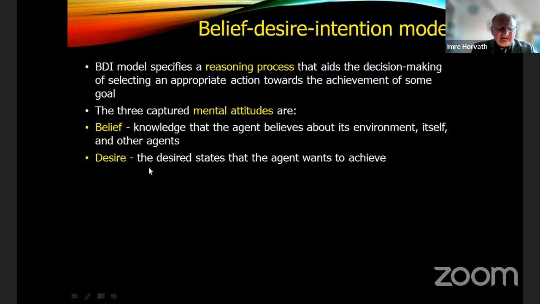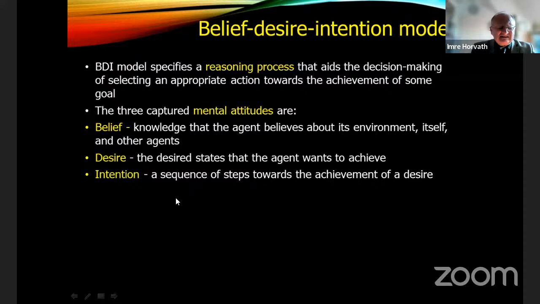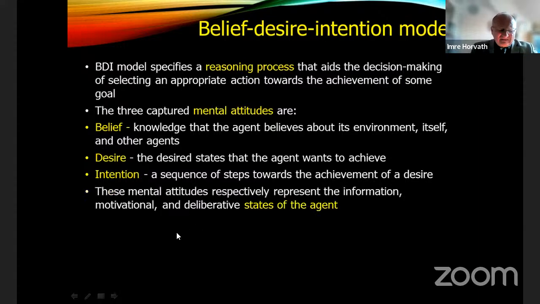Then the desire, the states that the agent wants to achieve, related to the environment but also to the agent itself. And the intention, a sequence of steps towards the achievement of the desire. So we can say that the intention is the way of achieving the goals of the agent.